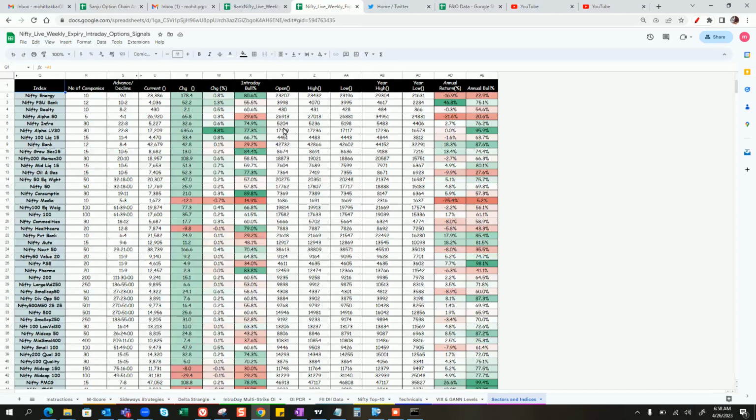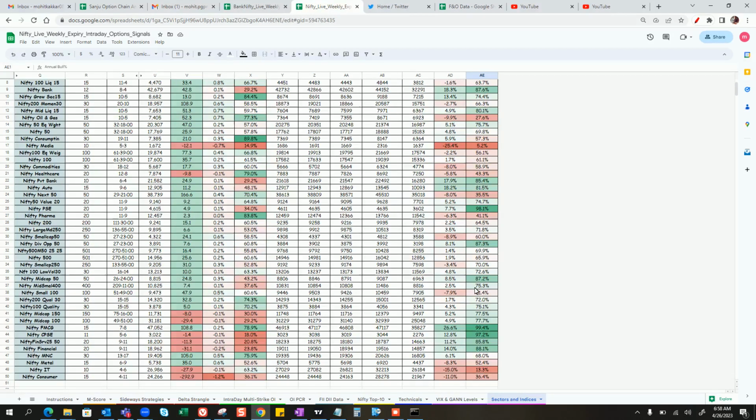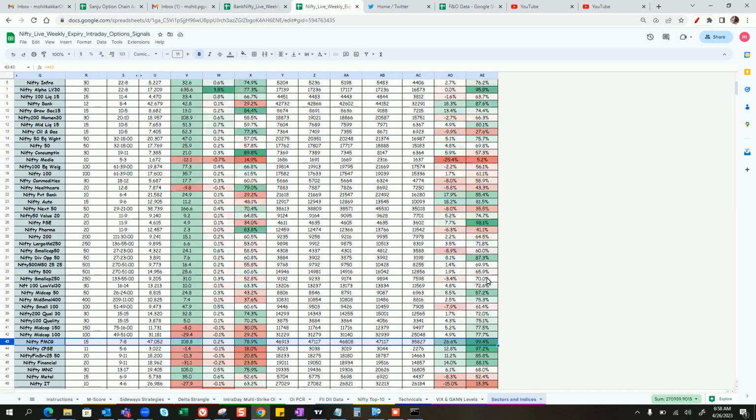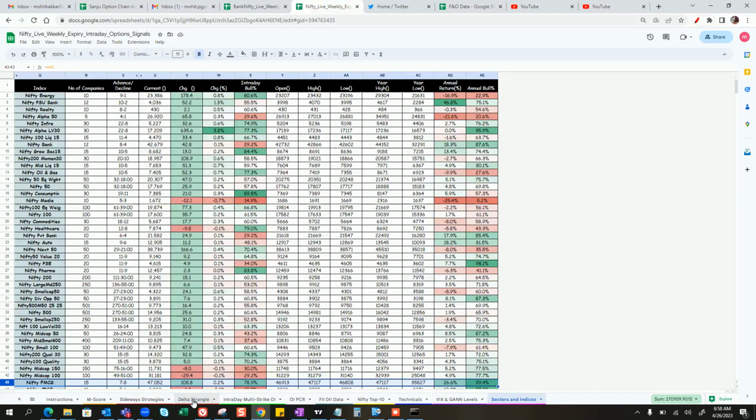Then we have all the complete sectors and indices data points, and which ones are in action with the annual percentage that we see. So you can also have a look around this. Here we can see FMCG is doing pretty well on an annual basis. So keep an eye.